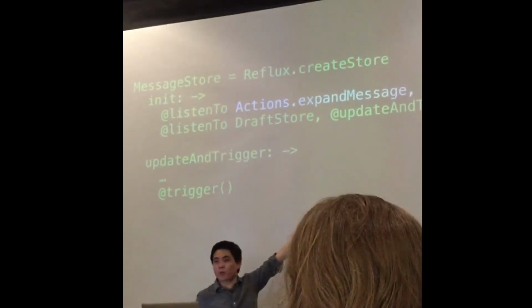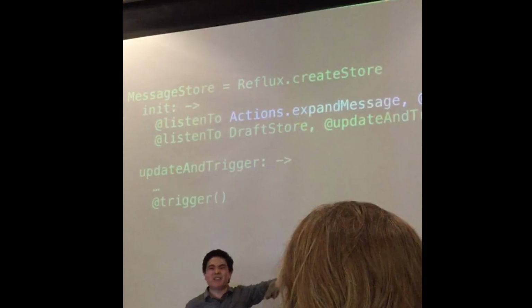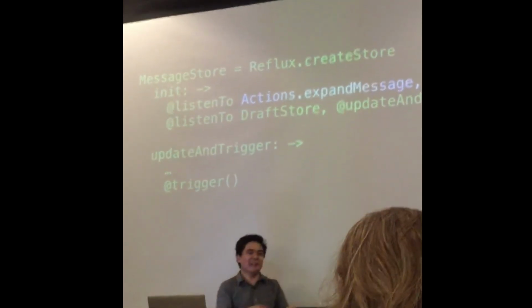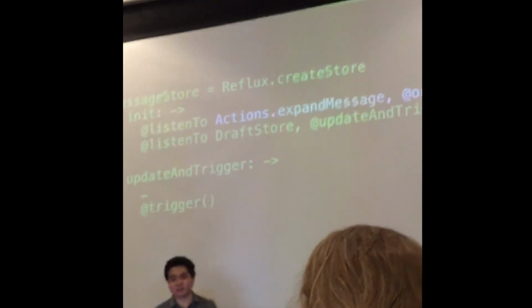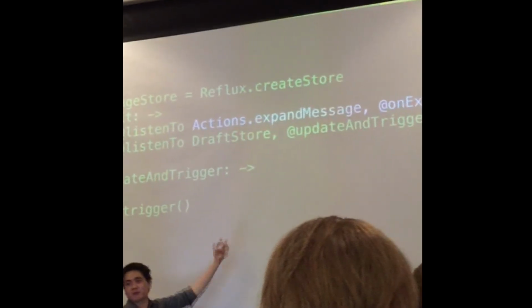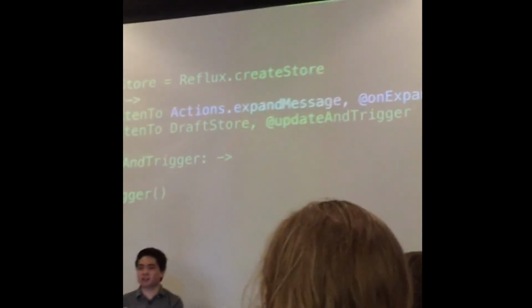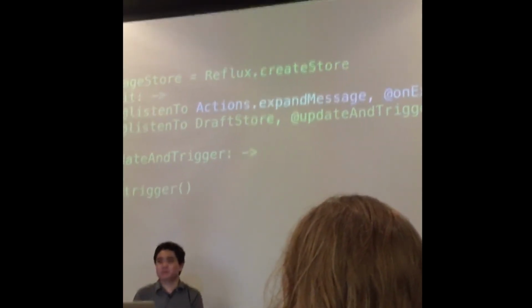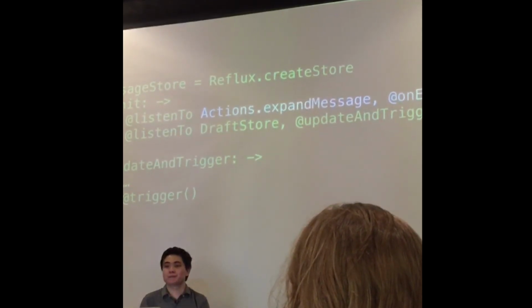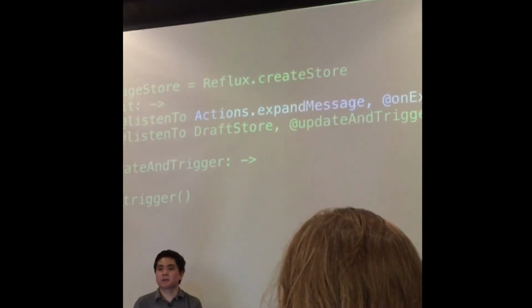The store is the one that's actually changing the data. It's adding this new to-do object, and as soon as that happens, it calls update and trigger, which causes the view to refresh itself with that new data. If you want the store to send that information to some server somewhere, that's all the store; the view has nothing to do with it.